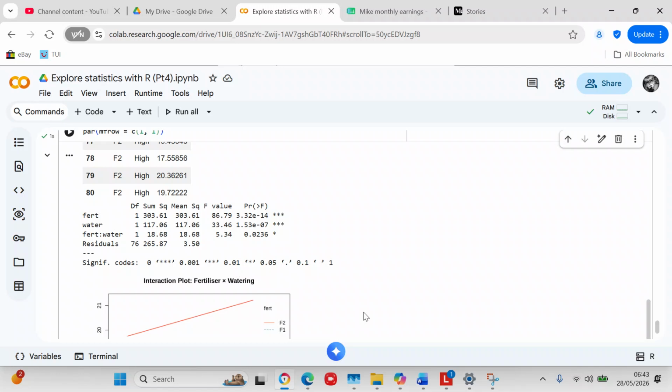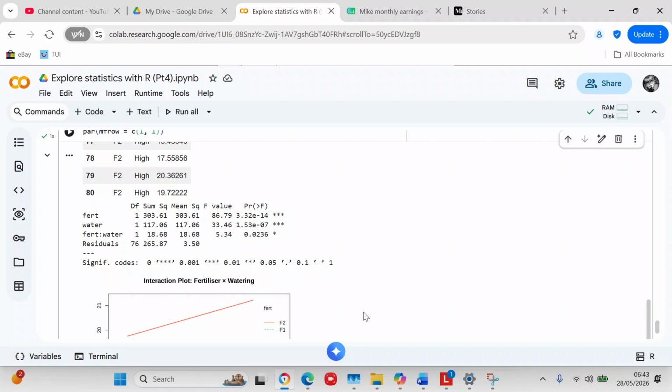You also get your sum of squares, your mean square, your F value, and your P value. On the FERT, it's a really low value, 3.32 to the negative 14th. For the water, it's 1.53 to the negative 7th.